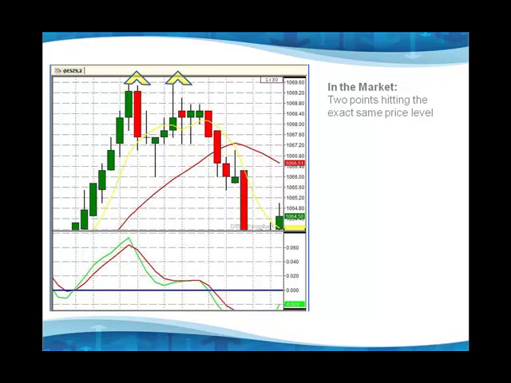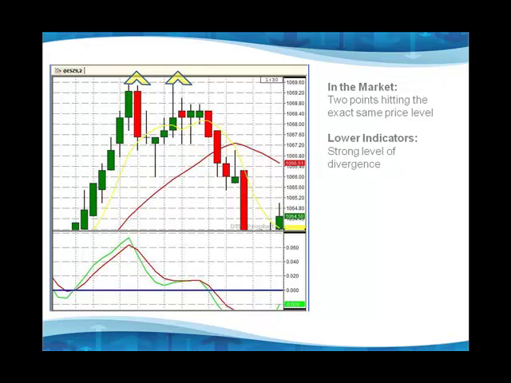Now I just want to point out that even though the bodies of these candles are down here, this shadow going up still hit the exact same point as this previous point. So that will qualify as a double top.